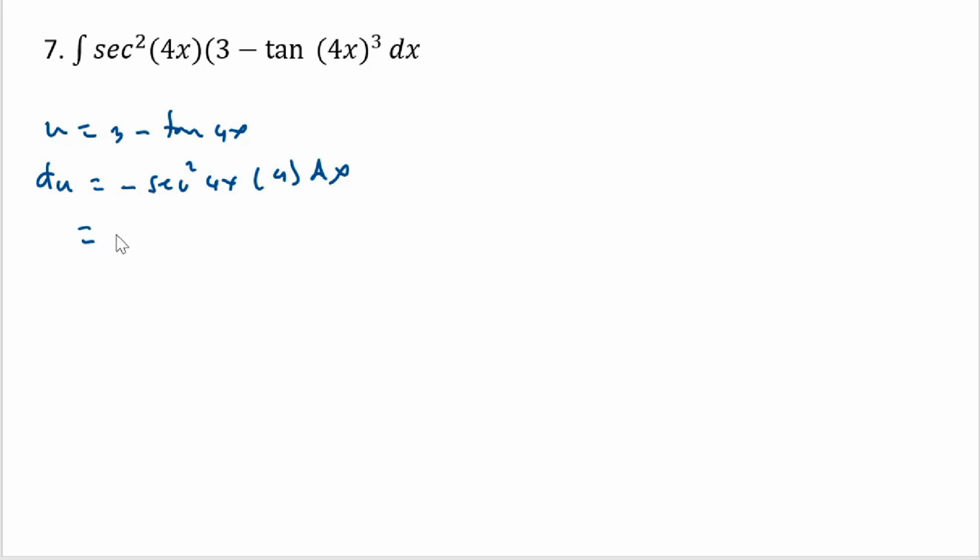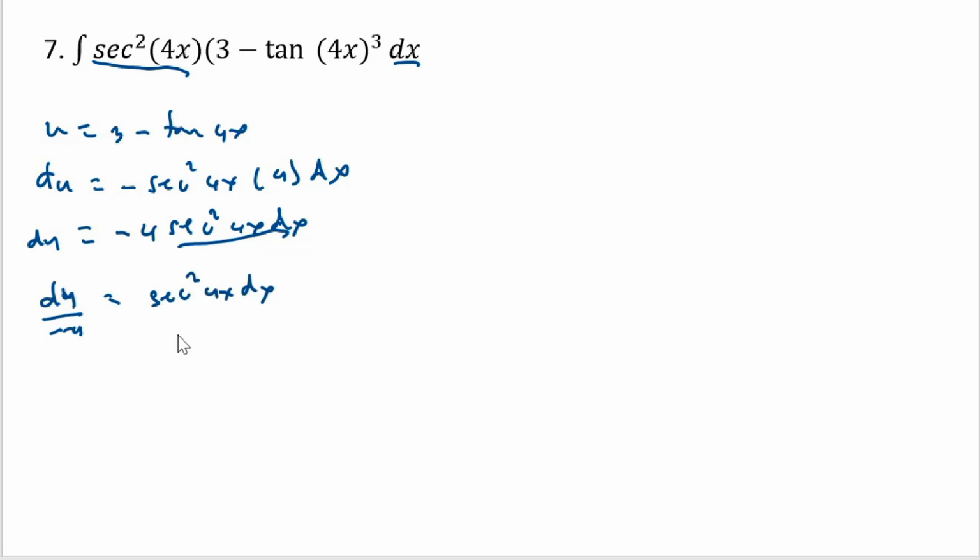So simplifying that one, we have negative 4 secant squared of 4x dx. So secant squared 4x is visible in the given. So therefore, we are going to divide both sides by negative 4. So we have now du over negative 4 is equal to secant squared of 4x dx.